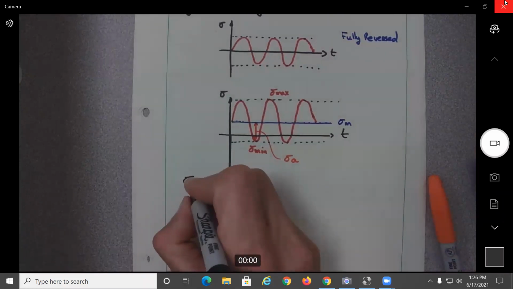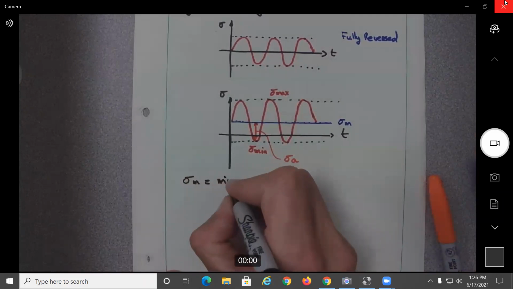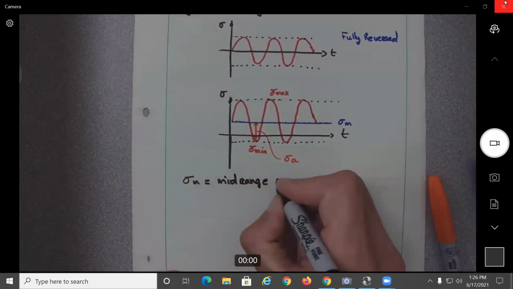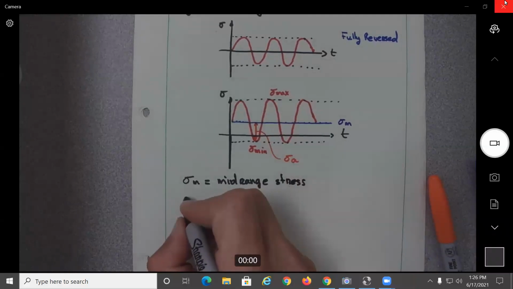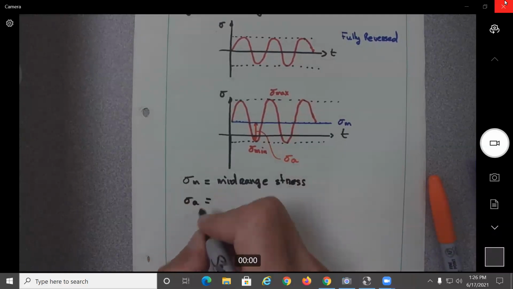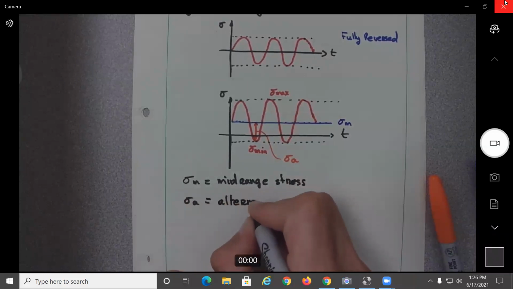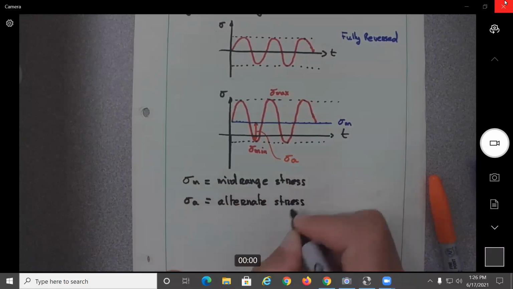So sigma sub m is the mid-range stress. Sigma sub A is the alternate stress.